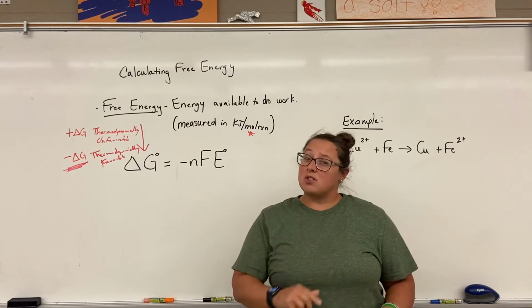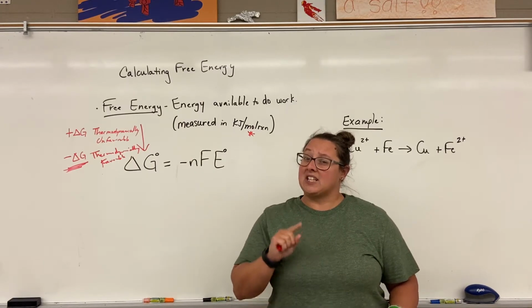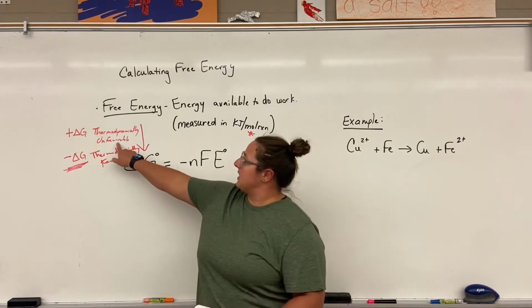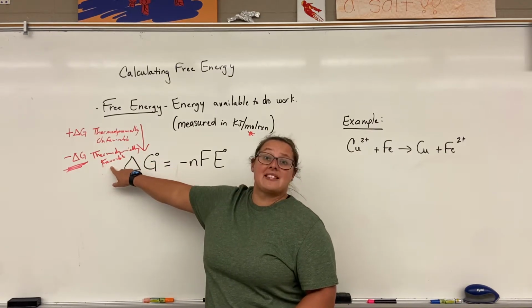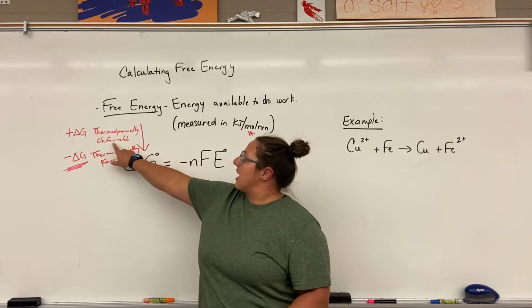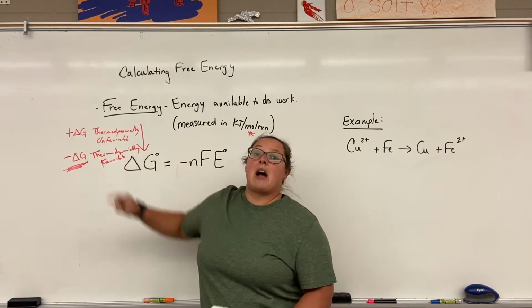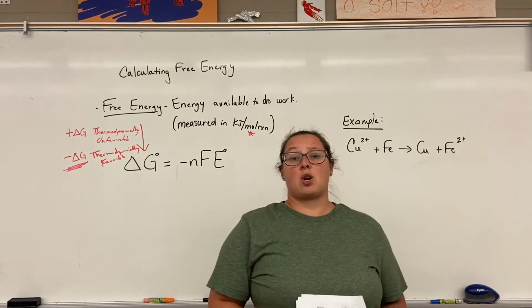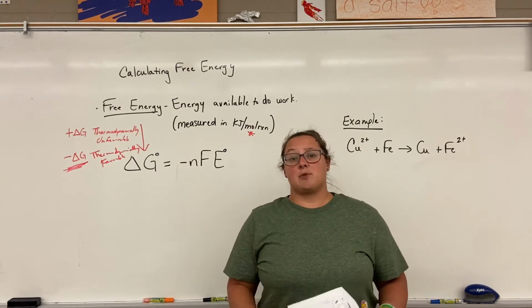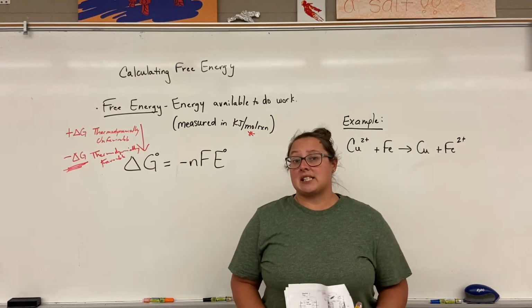Or they might use the older term, spontaneous or not. Remember, spontaneous and thermodynamically favorable mean the same thing. Thermodynamically unfavorable and non-spontaneous mean the same thing. So when you see those older questions, you'll see the words spontaneous and non-spontaneous instead.